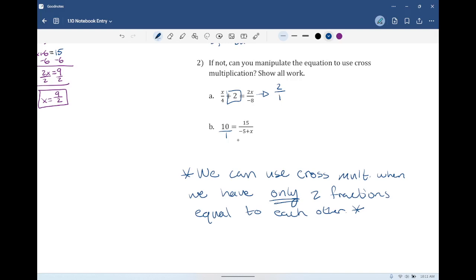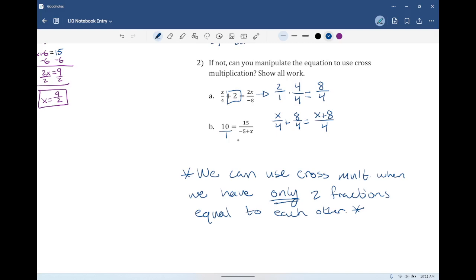In order to do that, I need common denominators. So I have to multiply by 4 over 4 to get 8 over 4. Well then that means that x over 4 plus 8 over 4 turns into x plus 8 all over 4. And this is what Janaya was trying to say, where we need to get it written as one fraction.